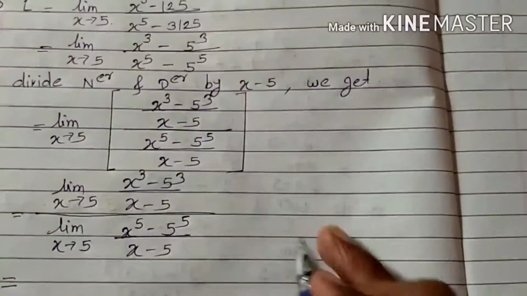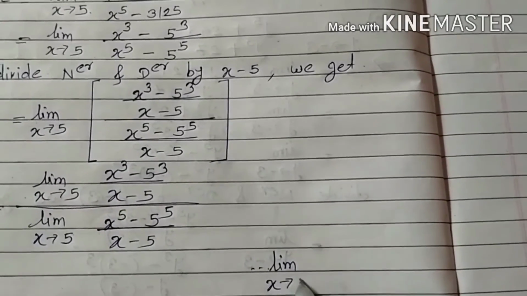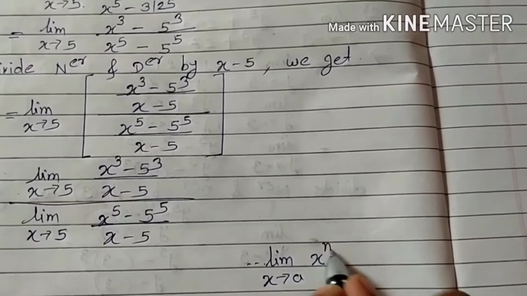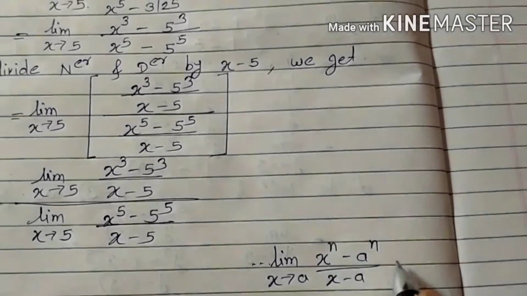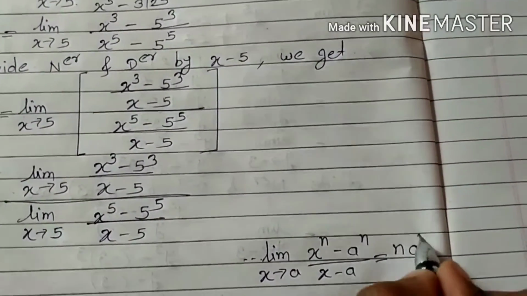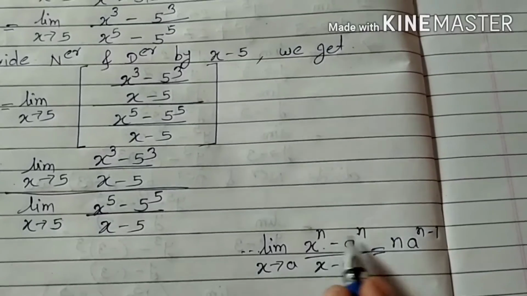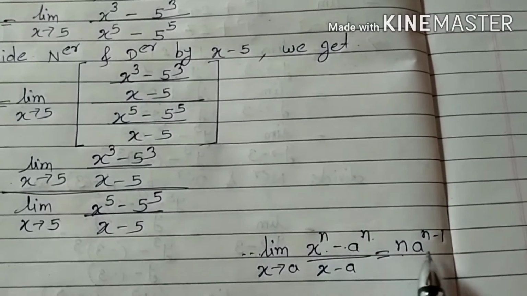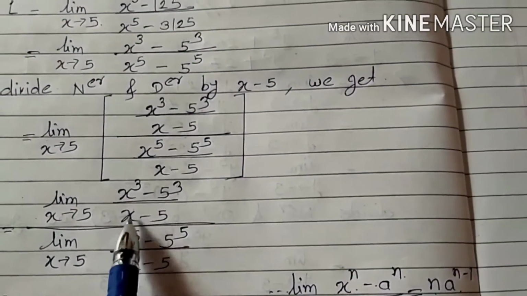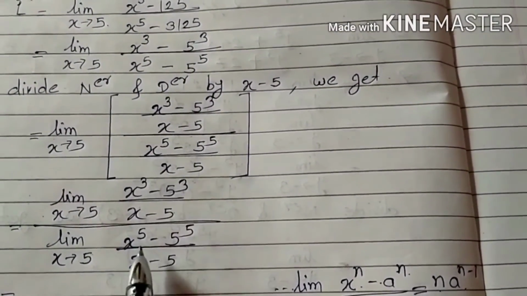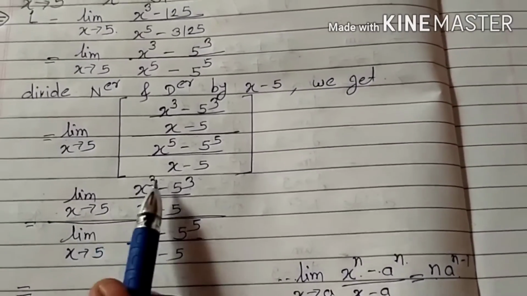Now use the formula, or our theorem: limit x tends to a, x raised to n minus a raised to n upon x minus a is equal to n a raised to n minus 1. You can observe that the power of x minus 5 is the same here, and here also.